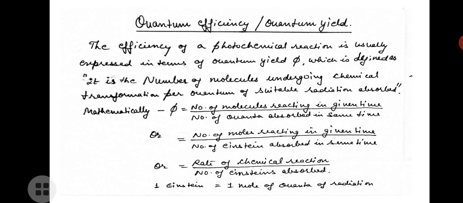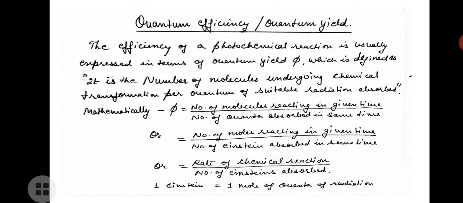Mathematically, phi is equal to the number of molecules reacting in a given time upon the number of quanta absorbed in the same time, or phi is equal to the number of moles reacting in a given time upon the number of Einstein absorbed in the same time. Or we can say phi is equal to the rate of chemical reaction upon the number of Einsteins absorbed.